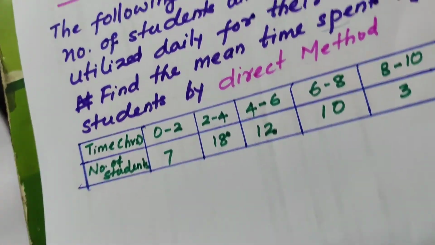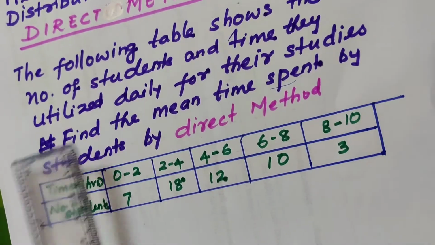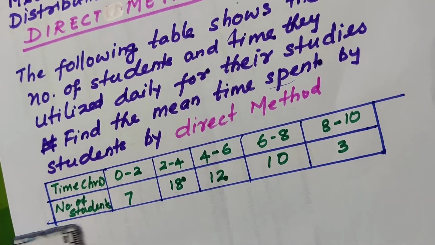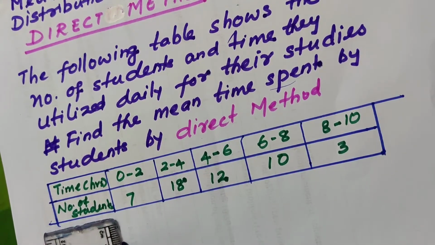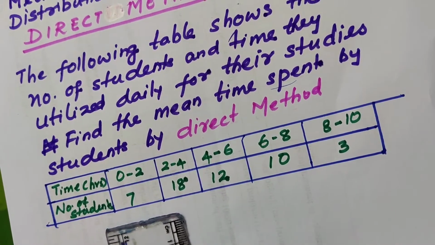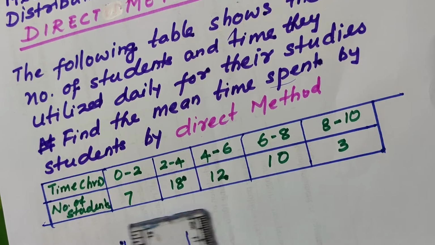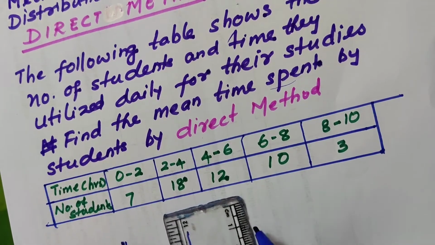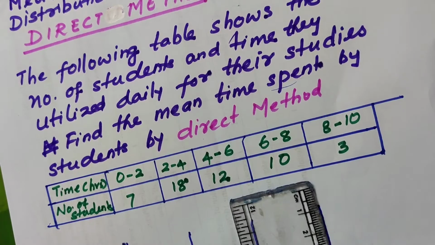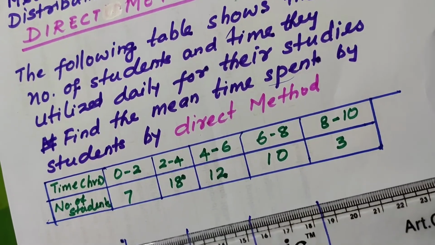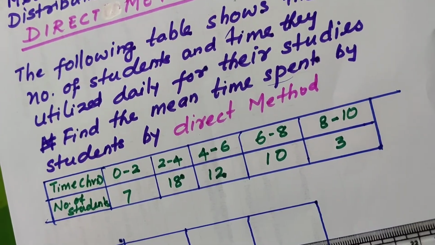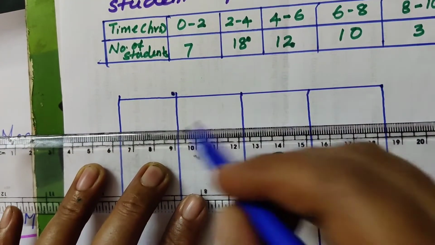So here first we should draw one vertical column for class. Then we require the class mark. Then the number of students, that means the frequency, and then we require the product of those. I will explain the formula after writing this.